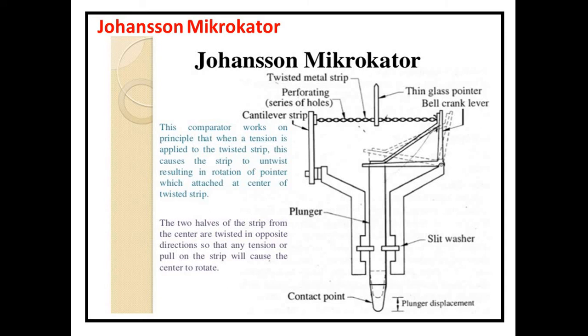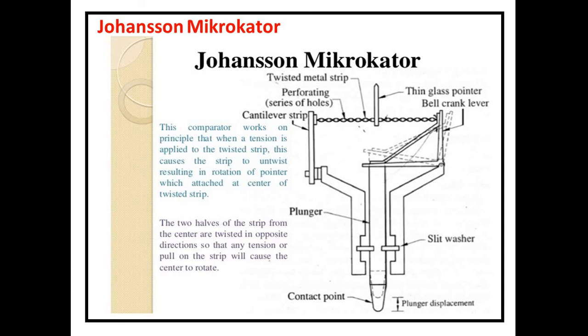Then one end of this twisted strip is fixed to an adjustable cantilever strip. You can see this is the adjustable cantilever strip. The overhanging length of this cantilever can be varied to adjust the magnification.